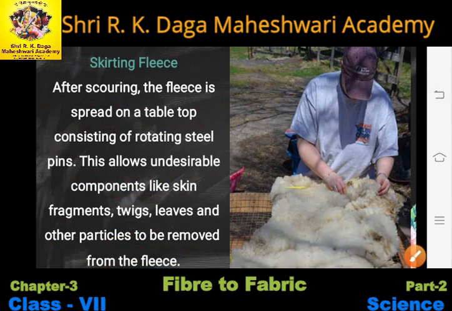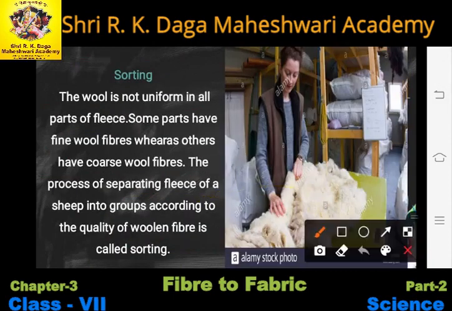Okay, now the next process is sorting. Students, as you know the meaning of the word sorting, sort करना मतलब होता है चीज़ों को अलग अलग करना, right? उनको छांट कर अलग करना.